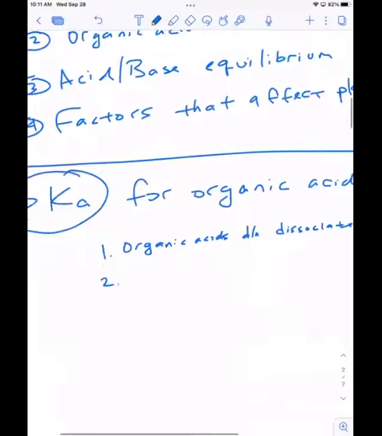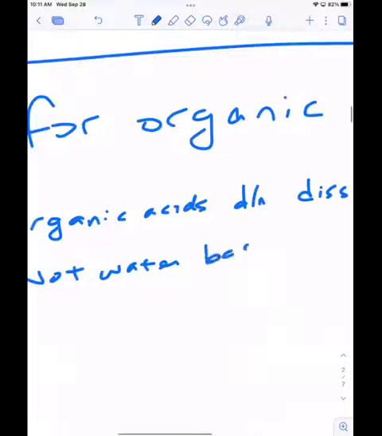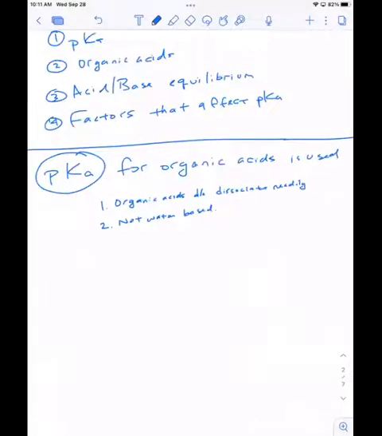And then the second part of that is that they're not water-based. Many of your organic acids are actual liquids. They are not solutions, but substances. They're not dissolved in water like you would if you take HCl or HBr and make a solution of that. They actually exist. That's what they are. They're acids. So they're not water-based, right?